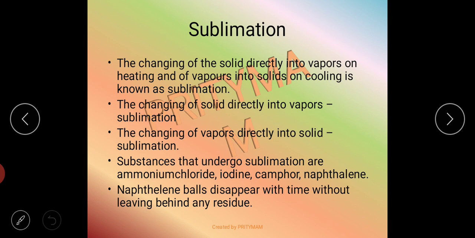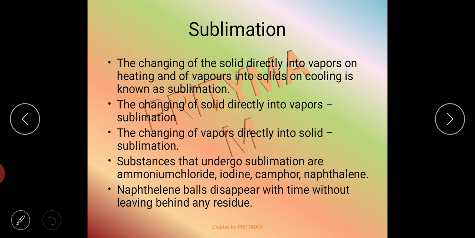But students, there are a few solid substances which change directly into vapors on heating, and the vapors give back the solid substance on cooling without passing through the liquid state. There is no liquid state in this.